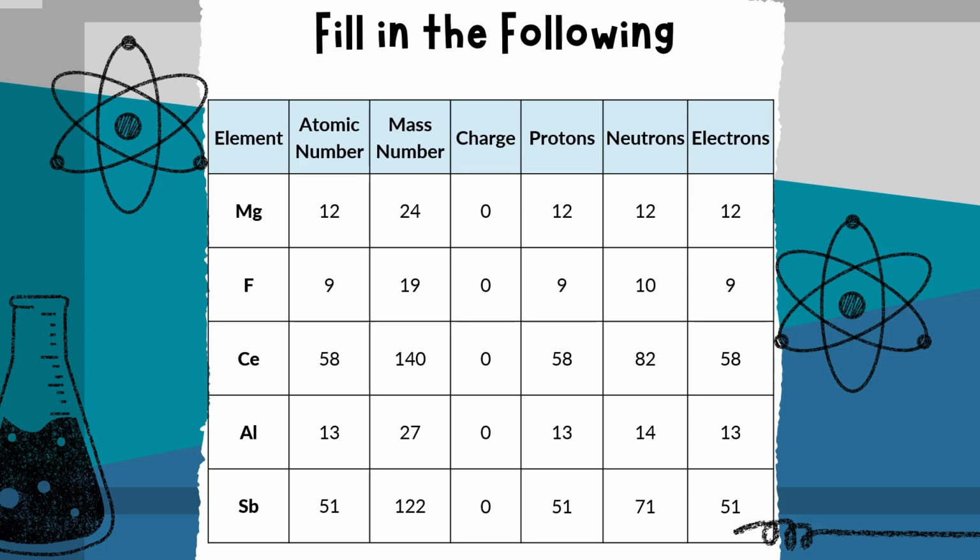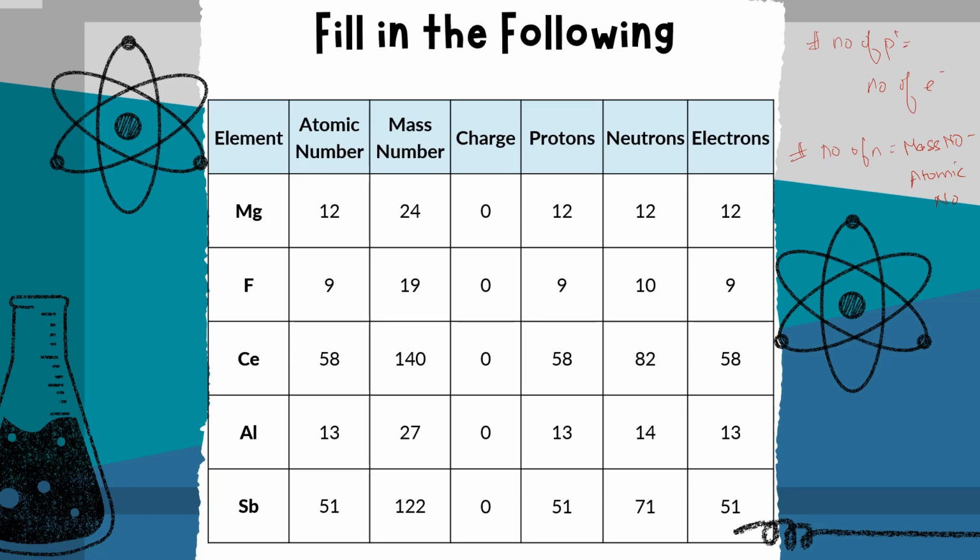For solving these, you must know that the number of protons is equal to the number of electrons in a neutral atom. And one more thing you need to know is the number of neutrons can be calculated by mass number minus atomic number. So if you know these things, you'll be able to solve the table very easily and quickly.